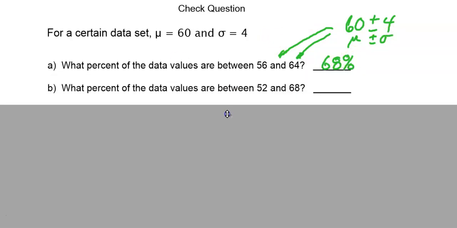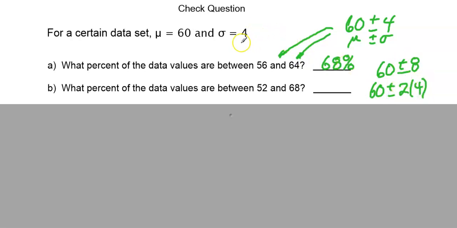How about from 52 to 68? Well, that would be 60 plus or minus 8. And that would be 60 plus or minus 2 times 4. 4, remember, is your standard deviation. So this is 60 plus or minus 2 standard deviations, where the empirical rule says that 95% of the data, approximately, would be between 52 and 68.